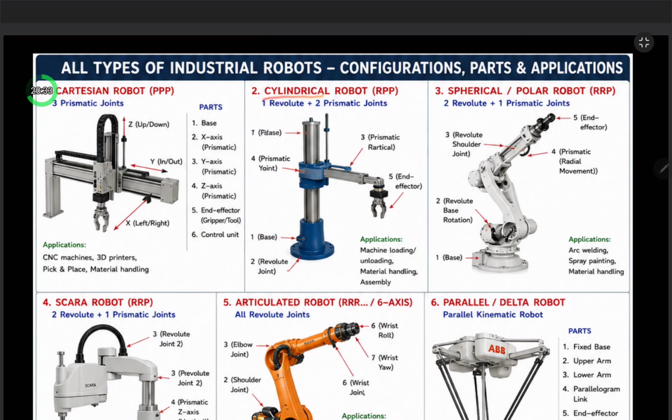Similarly, the cylindrical robot is RPP, one revolute and two prismatic joints. Applications are machine loading, unloading, material handling, assembly. Here this is the base, this is the end effector, and again here it is prismatic.